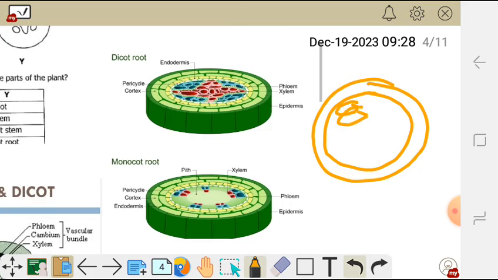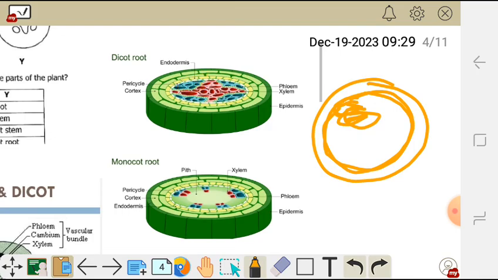We are going to have the phloem first, like here in blue is the phloem, followed by the xylem there, which are attached to the structure which is called the pericycle. This is the pericycle. Then we are going to have the phloem followed by the xylem. That is in the monocot root. But in the dicot root, we are going to have a star xylem, and the phloem is going to be in those angles of the star.